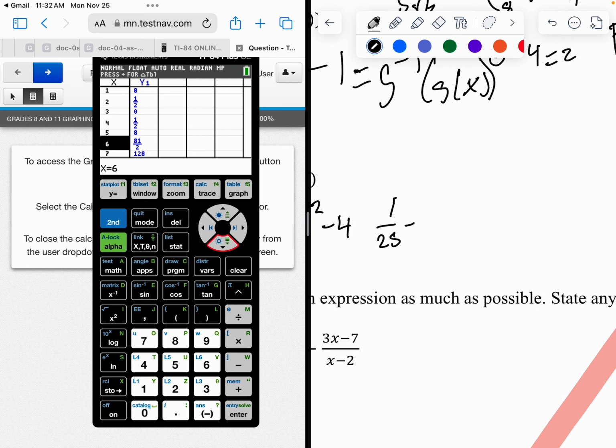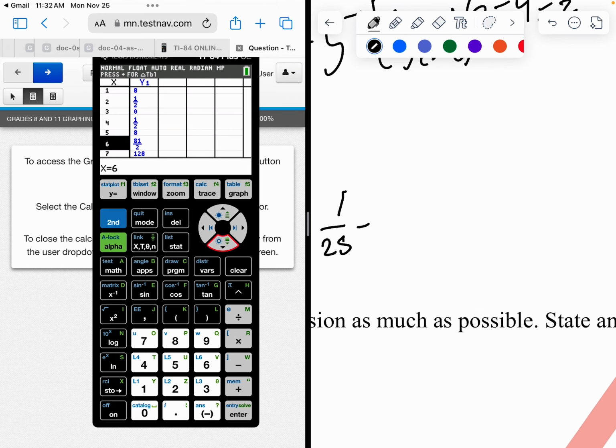Four to 25ths is 100/25, which equals 1 minus 100 is 99, negative 99.